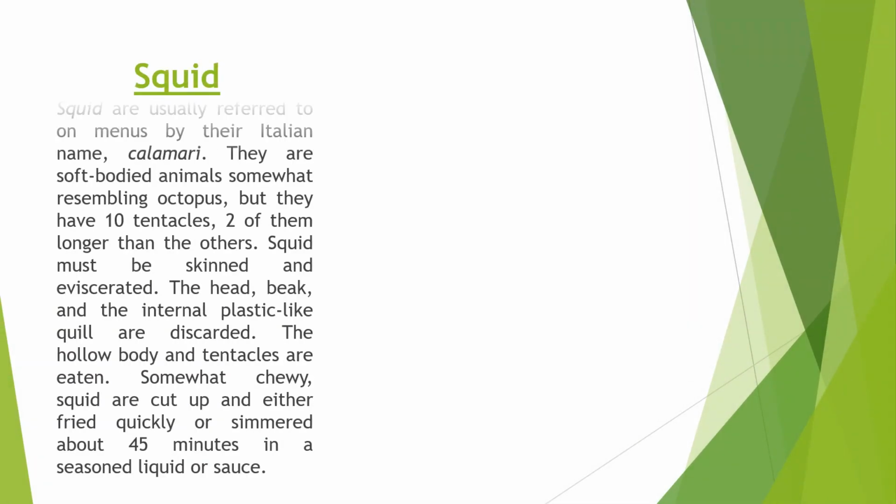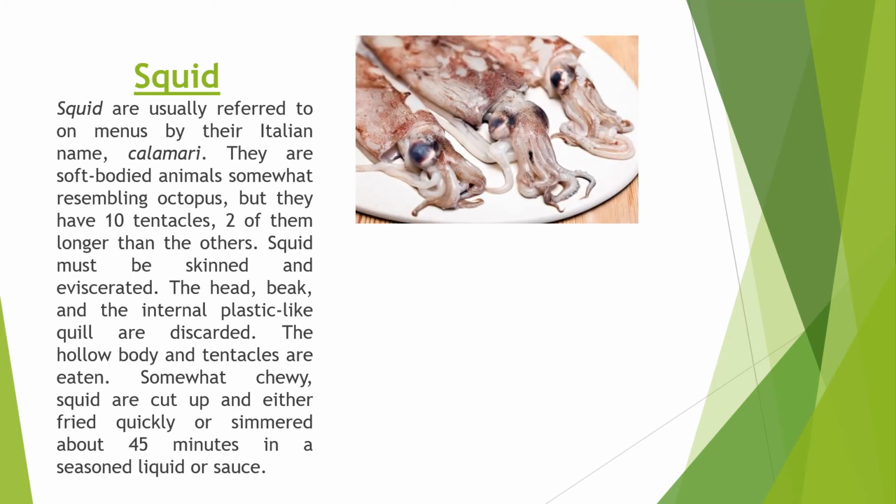Okay, so the squid. Squid are usually referred to on the menu by their Italian name, calamari. They are soft-bodied animals, somewhat resembling octopus, but they have 10 tentacles, two of them longer than the others. Squid must be skinned and the guts taken out, of course.